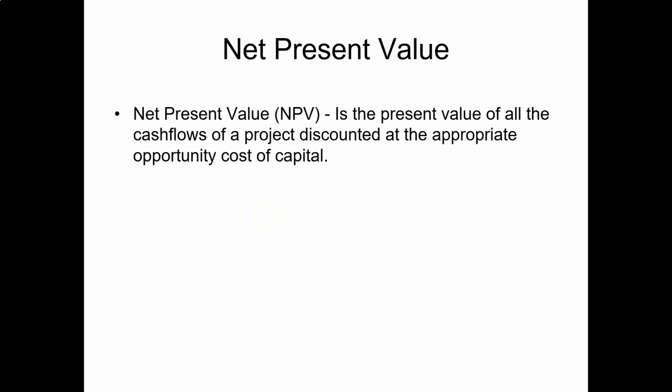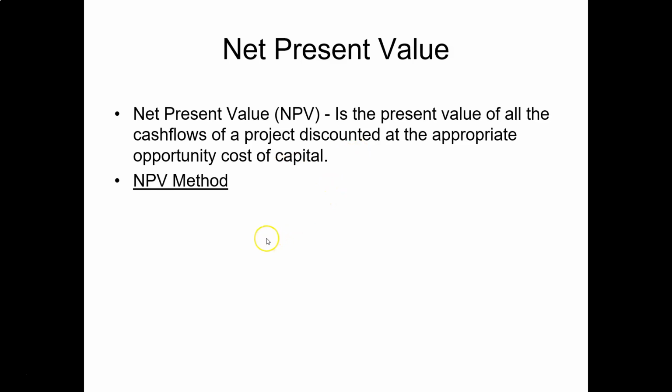First, let's talk about the net present value rule. The net present value is the present value of all the cash flows of an investment project. And we discount these cash flows with an appropriate opportunity cost of capital, or we say we choose an appropriate discount rate.